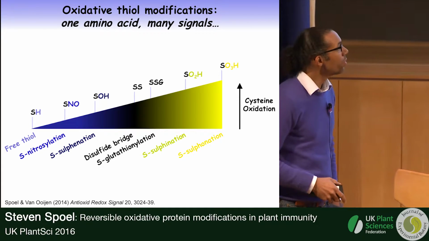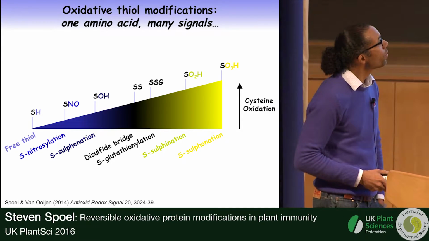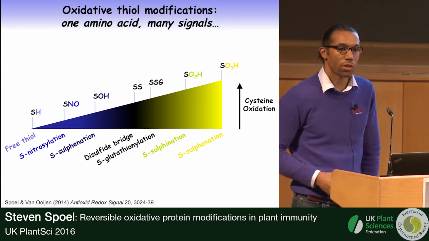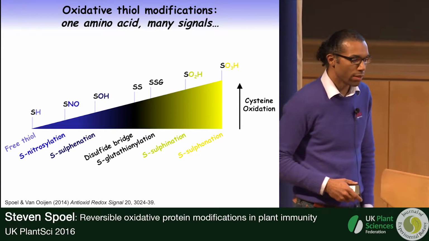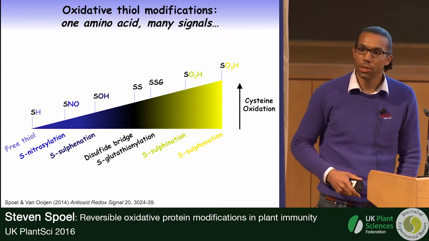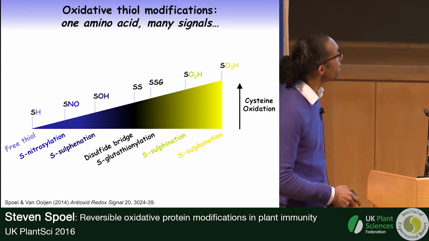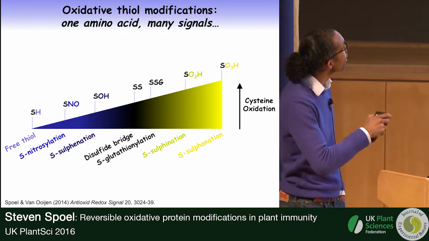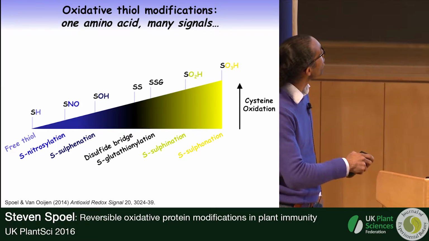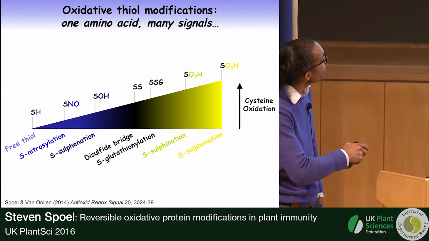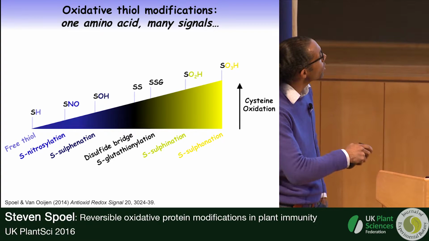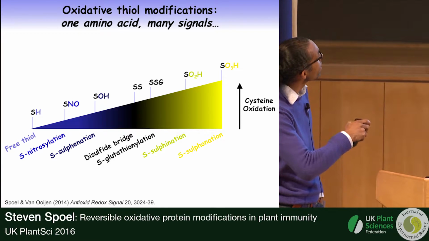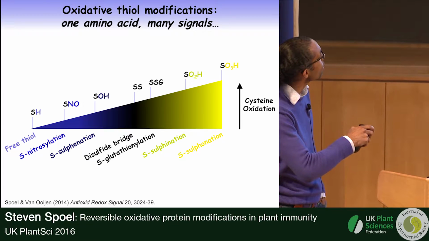Now, the reversal is often performed by a family of thioredoxins. It's a superfamily containing many, many different enzymes, particularly in plants. And thioredoxins contain this typical fold shown here in the crystal structure of thioredoxin 1 that contains an active site that contains two cysteine residues. They're over here in the crystal structure.